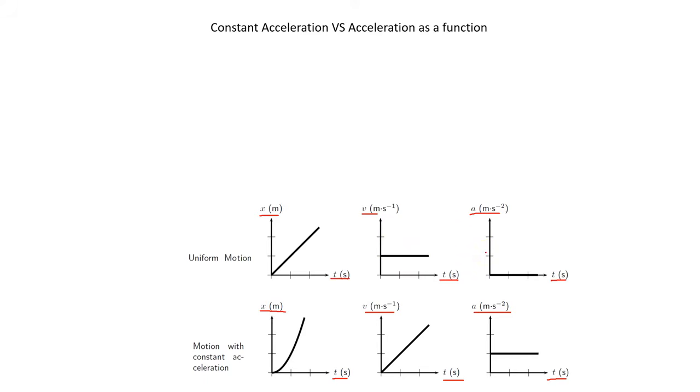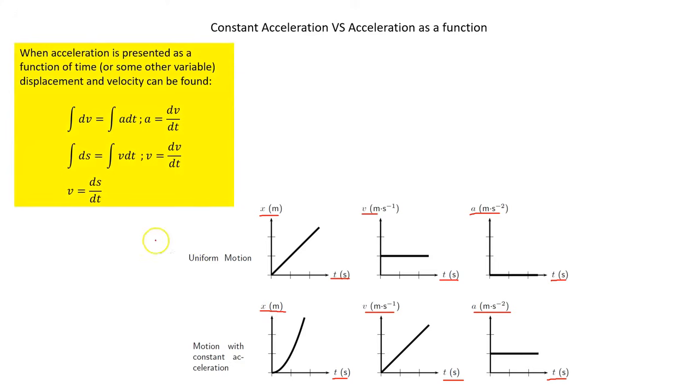And the way to understand that is with another concept that is true in a lot of your mechanical engineering, particularly in your mechanical designs and kinematics: being able to use calculus, derivatives and integration, to go from displacement to velocity to acceleration and back again. So when acceleration is presented as a function of time or some other variable, displacement and velocity can be found.